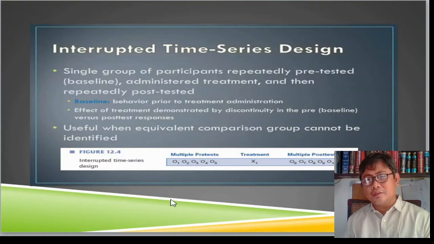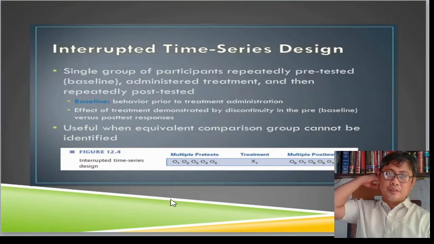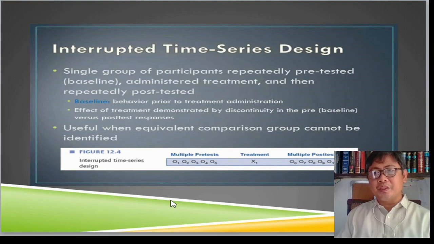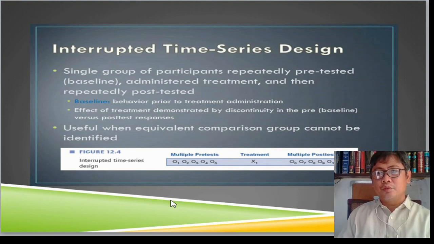The second one is the interrupted time series design. A single group of participants is repeatedly pre-tested. So it is the baseline of your data, and then administered treatment, and then repeatedly post-tested.